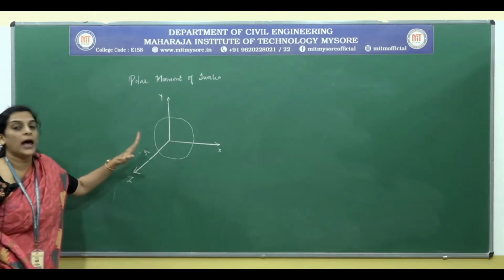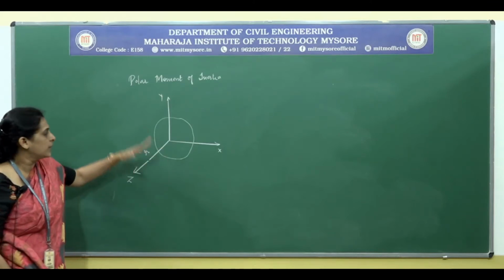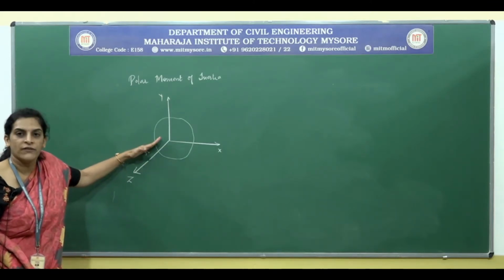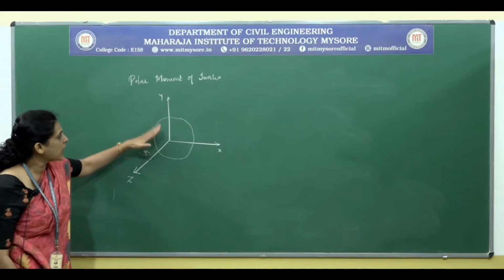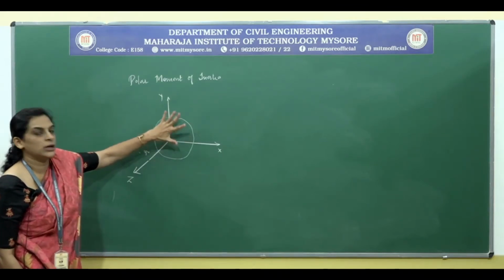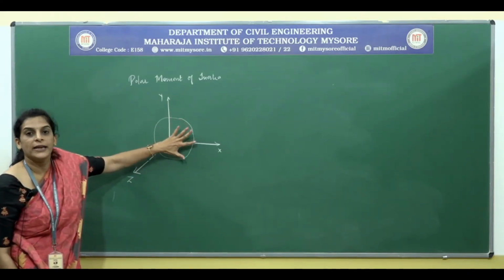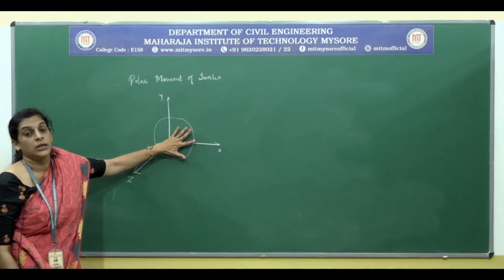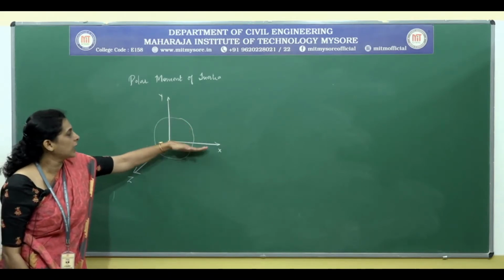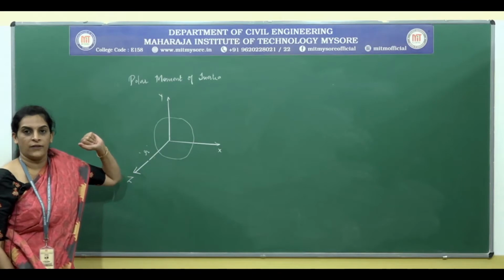What we can observe here is that the third axis, whatever we have considered, is perpendicular to the lamina or the area that we have considered. Similarly, the other two axes. Fine.